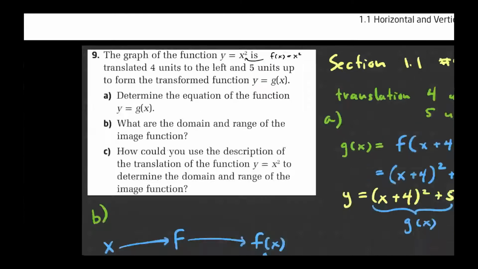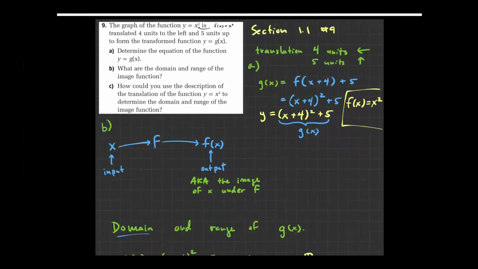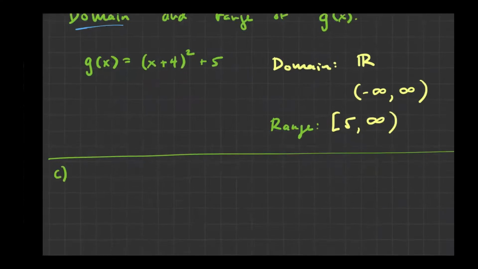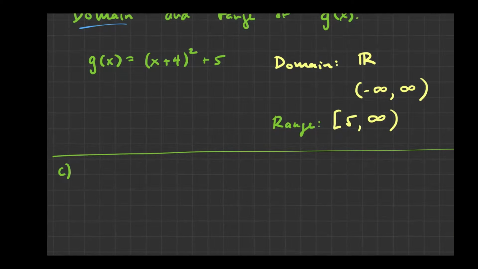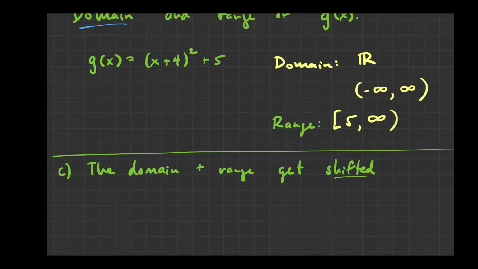So the idea here is that we can shift the domain and the range along with the function. So the domain and range get shifted along with the function. Okay?